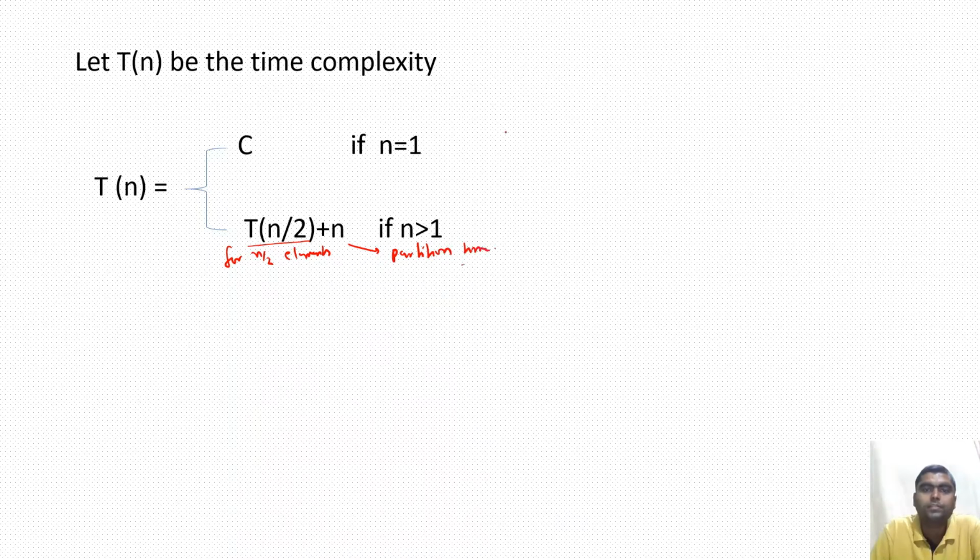So let us analyze this recurrence relation: T of n equals T of n by 2 plus n. Now, what is the procedure? You can solve it anyway.